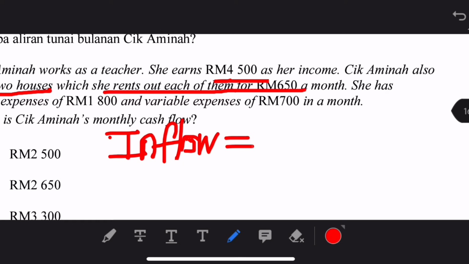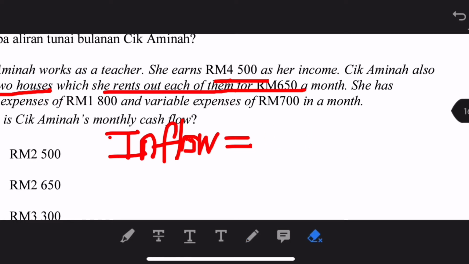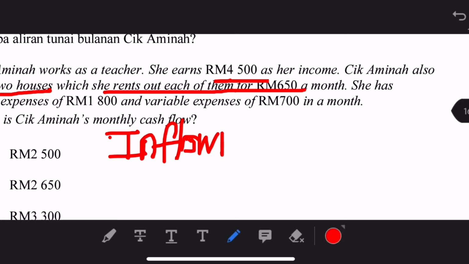So let's write down. Income is RM 4,500, right? So let me write down properly.